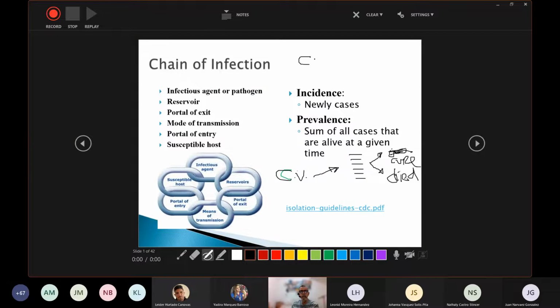Coronavirus has high incidence, but prevalence is the number of cases that accumulates along the time of a disease, and cases of coronavirus don't accumulate. The prevalence is very low.